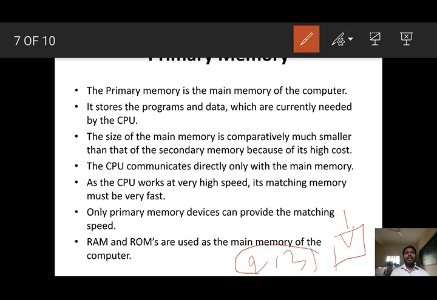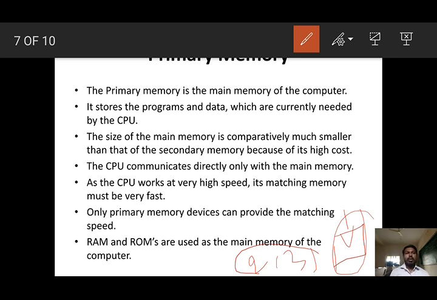Now can you understand? It stores programs and data which are currently needed by the CPU. For example, if I want to add two numbers, the two numbers have to be stored in my main memory, which means RAM. So to calculate or to process any data, the data must be stored in our computer. Then only can we calculate or process.